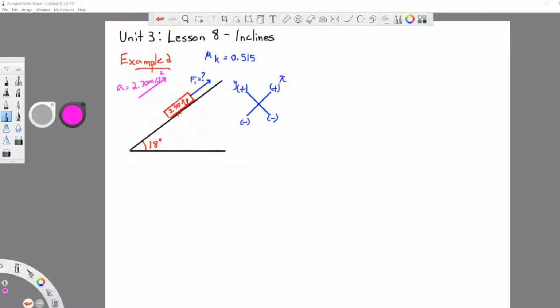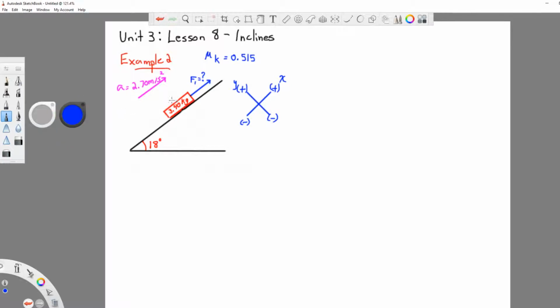Now the question has told us that the coefficient of kinetic friction, because this block is moving across the surface, is 0.515. So there's a fairly rough surface between the object and the floor here.